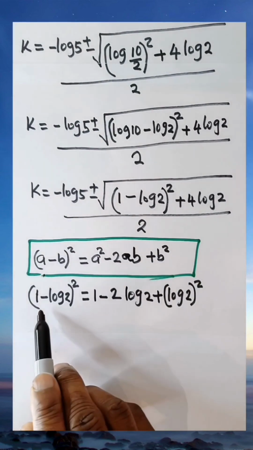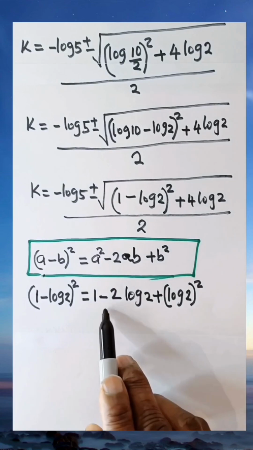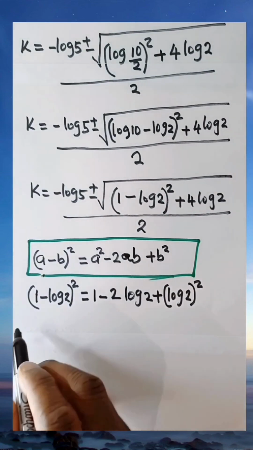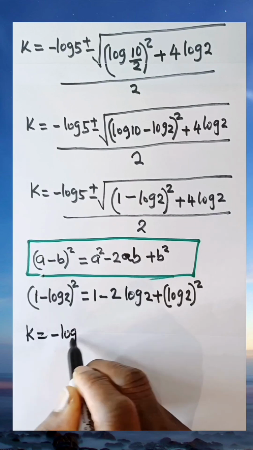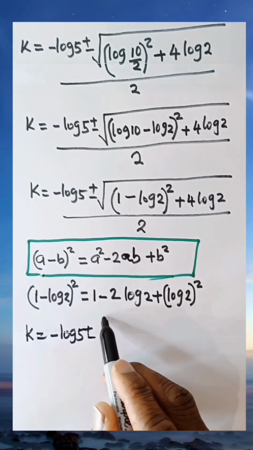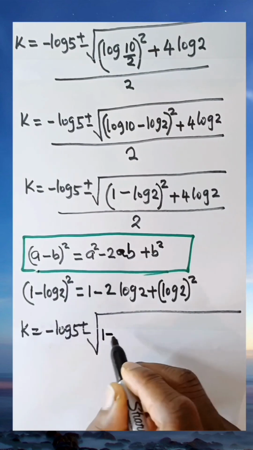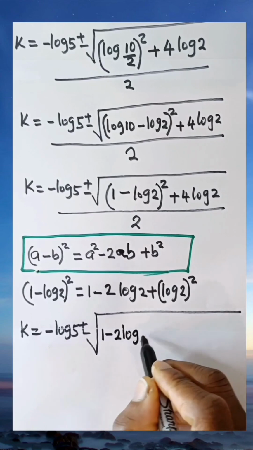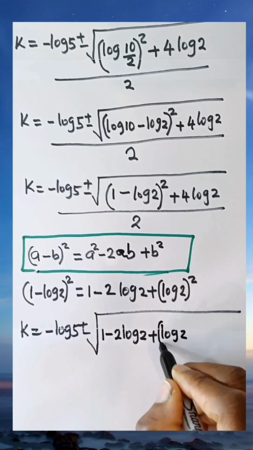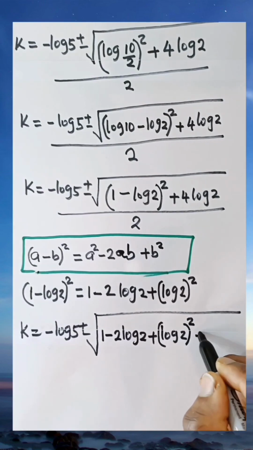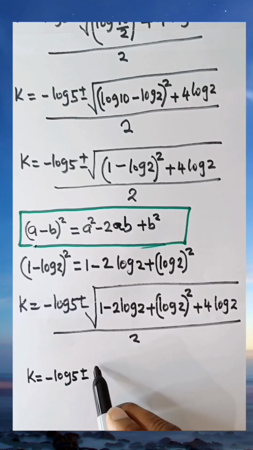Okay, now, since this expression on the left-hand side is equal to this expression, we are going to represent this expression with this. So we will have K is equal to minus log 5 plus or minus the square root of 1 minus 2 log 2 plus log 2 squared plus 4 log 2, divided by 2.